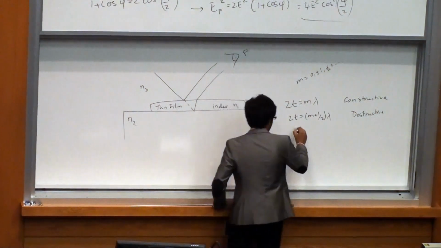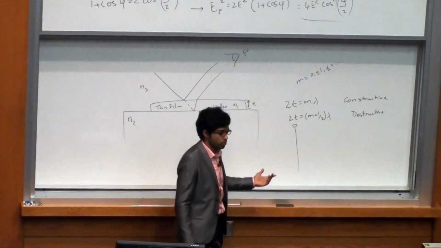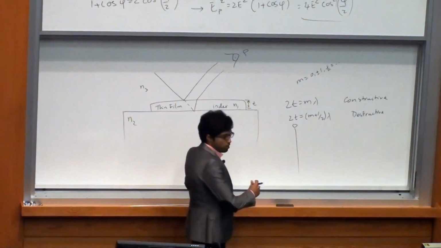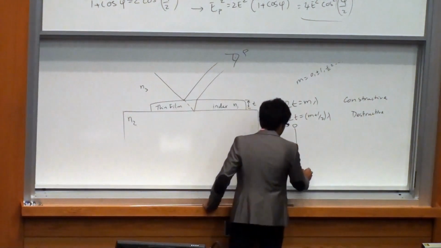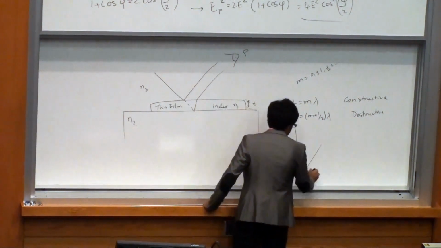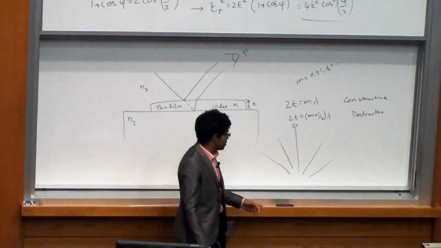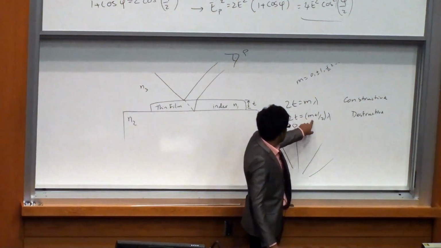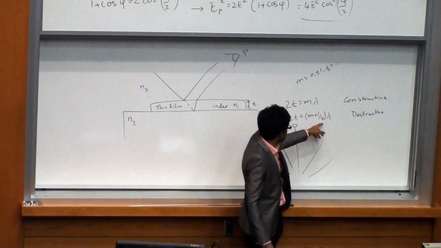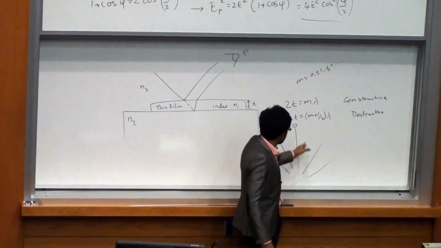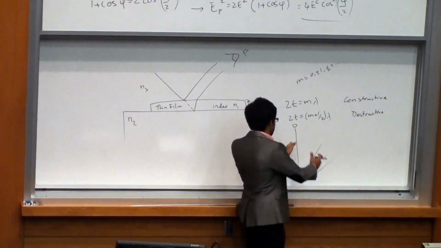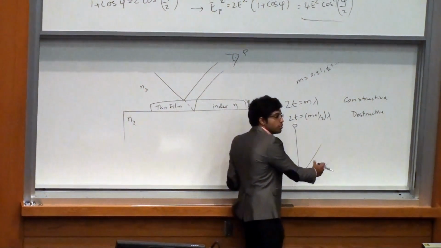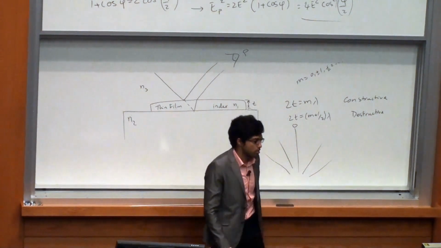So this is my 0th order for the maximum, where m is 0, and then m equals 1 on plus or minus, and then m equals 2 plus or minus, and so on. And same thing with the destructive. With the destructive, even if you have a 0 here, you'll get some phase shift there. So it'll be on either one of the sides, plus or minus, in through the middle between the maxima.